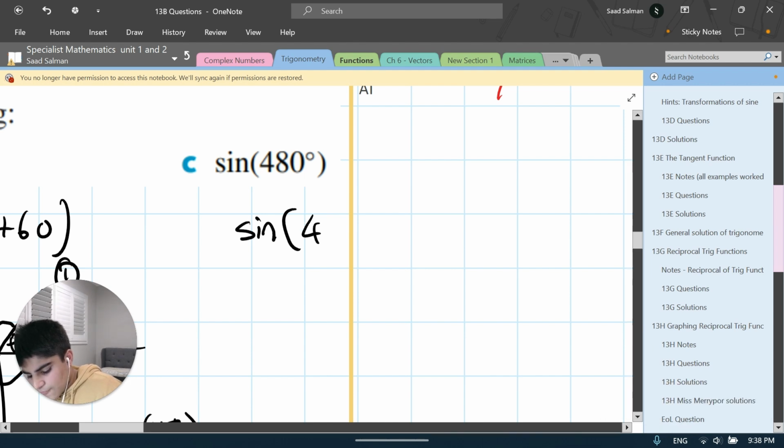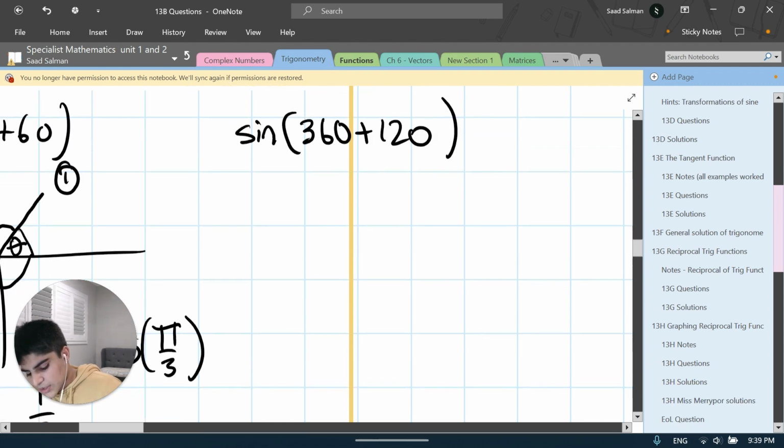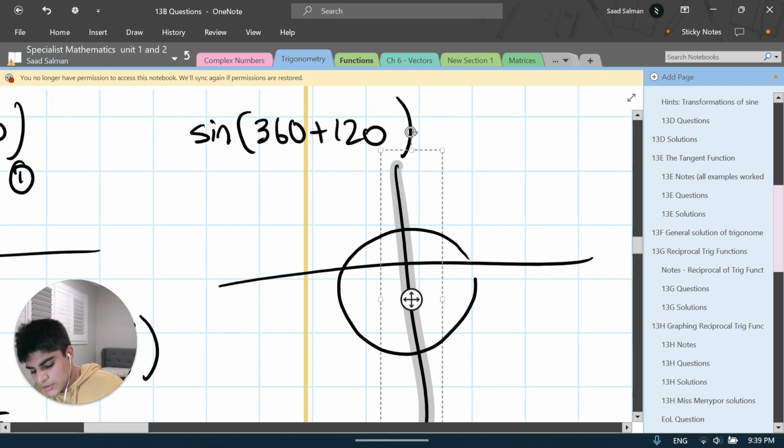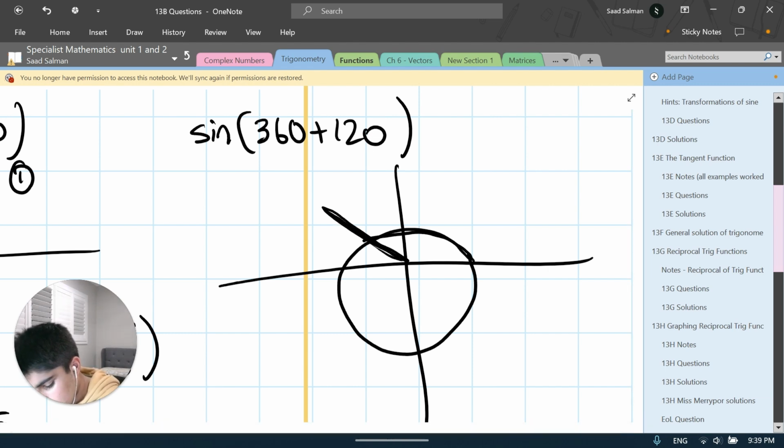Sine 480 equals sine 360 plus 120. Okay, let's do a better one. Let's picture this right now. We've gone a full revolution, and 120 degrees ends here, and we derive the exact value from this angle, theta.